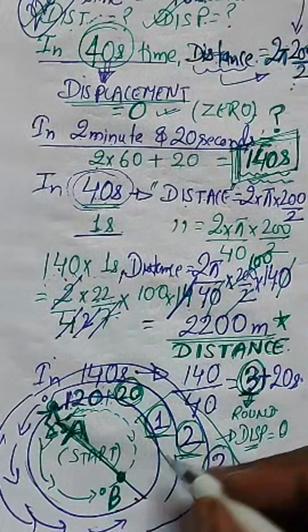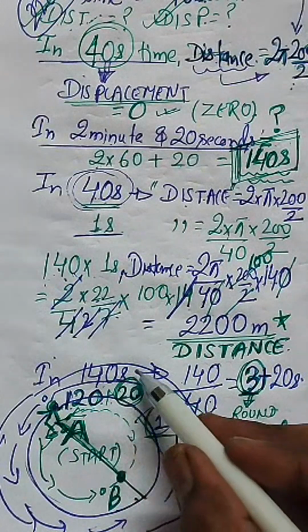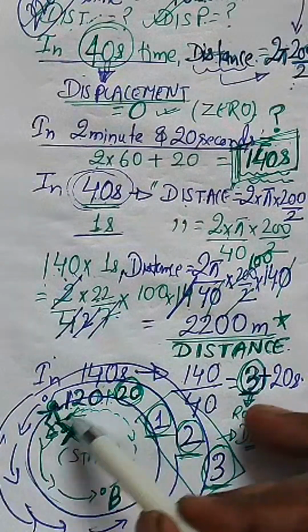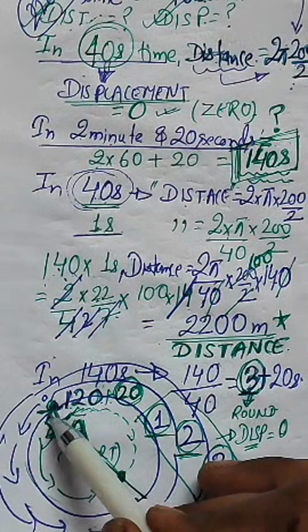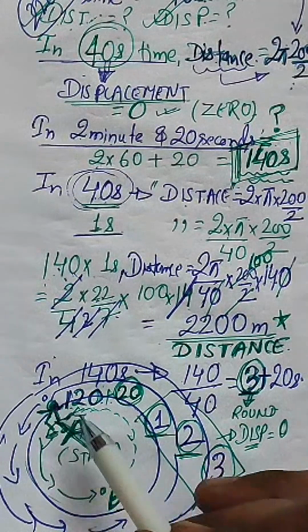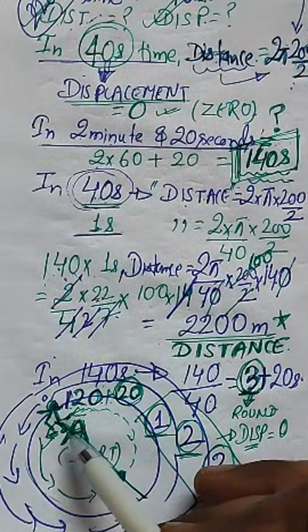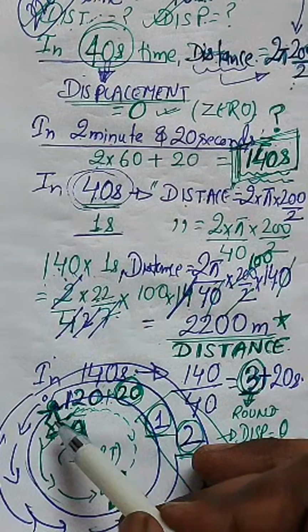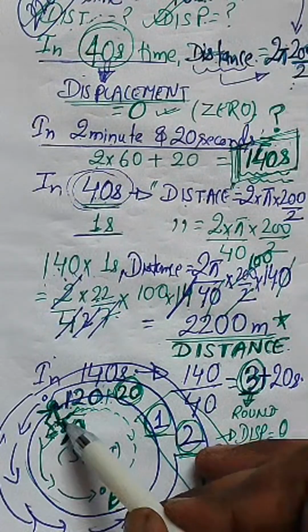So that means we can say that in 140 seconds the athlete completes 3 rounds, and after 3 rounds he is standing at A again, the same starting point. So we can say if the time was 120 seconds, the displacement would have been 0, because the definition of displacement is the distance between the starting point and end point, and that distance should be the shortest distance.